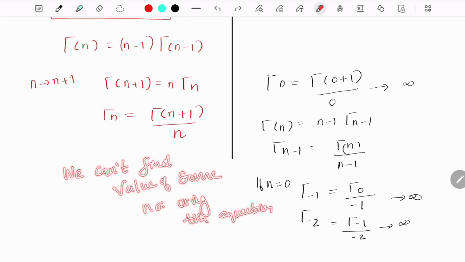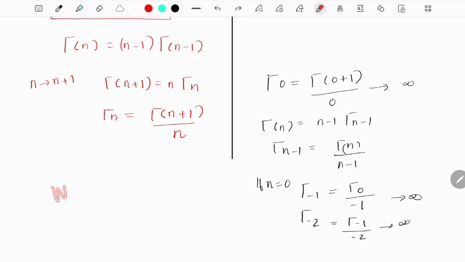So we can extend factorial to real and complex numbers.